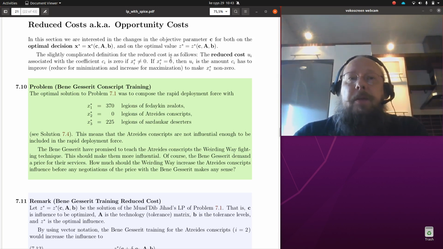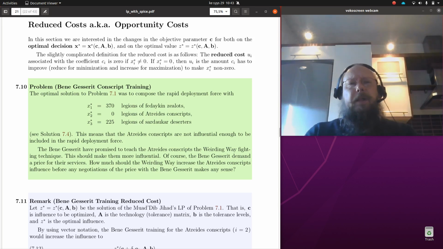So it's no extra effort to calculate them. When we solve the LP, we get them automatically, and of course we also get the shadow prices automatically. So I suppose that's the reason why we are interested in them.